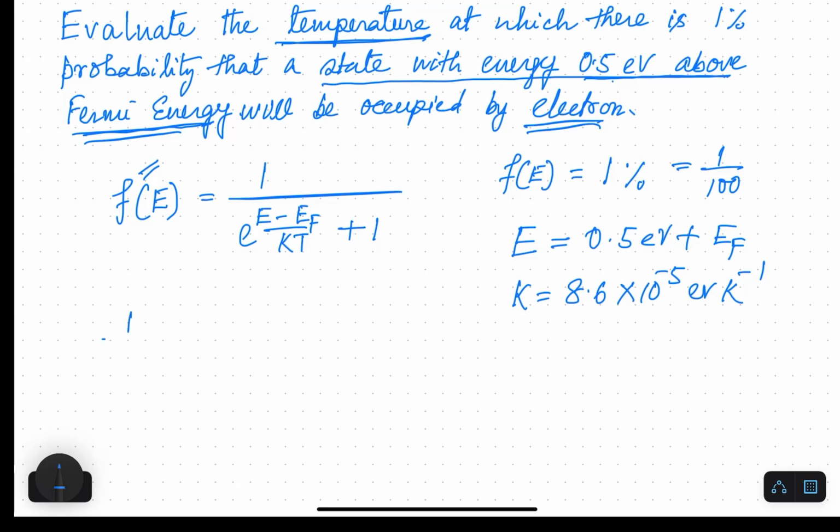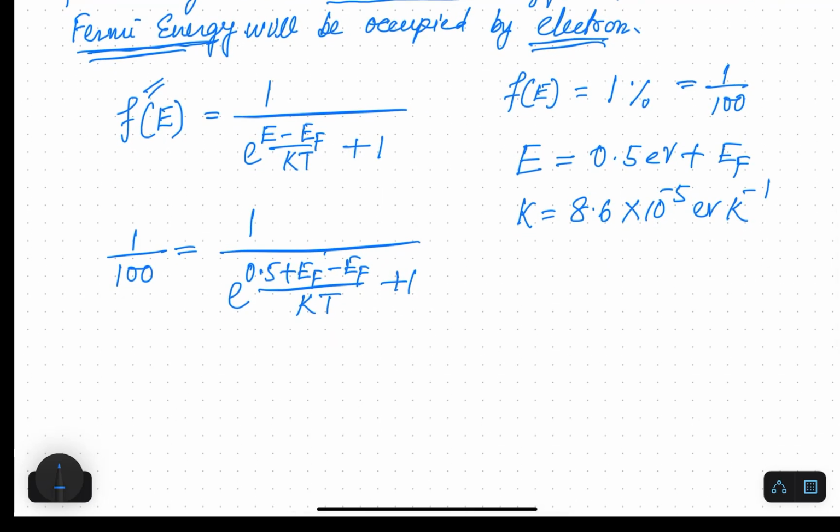Probability is 1%, so 1 by 100 equals 1 by e to the power of (0.5 plus EF minus EF) divided by kT, where k is the Boltzmann constant and T is temperature. The EF terms cancel, and I have 1 by 100 equals 1 by e to the power of 0.5 by kT plus 1.